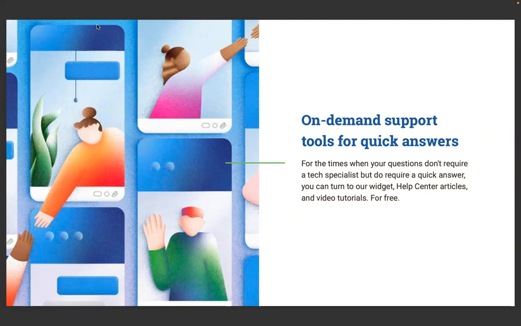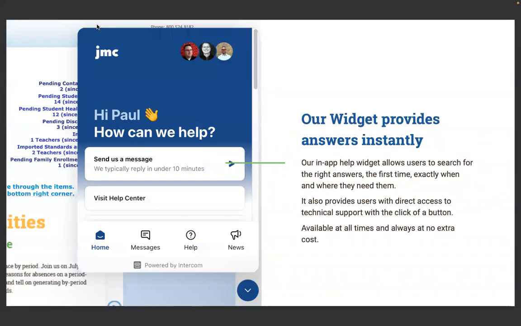You can turn to our widget in our Help Center articles and video tutorials for free. So our Help Center widget, it's in the bottom right-hand corner. Obviously, you can send us a message or you can visit that Help Center. Sending a message, you can talk to somebody that's going to be available right there. A lot of times we'll get back to you within 10 minutes of you entering a message.